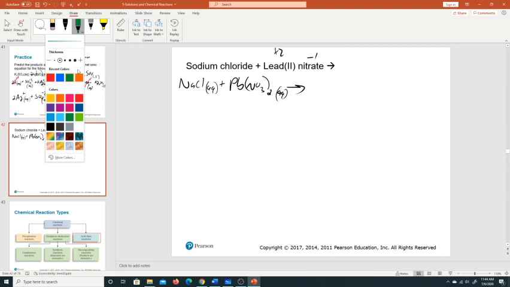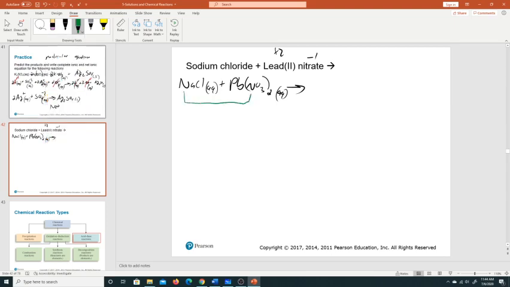Just remember it's going to be cation sodium with NO3 and lead with chlorine. So Na with NO3. Recall that sodium is plus 1, nitrate's minus 1, so they cancel out. I know sodium salts are water soluble, so I know that's going to be aqueous.